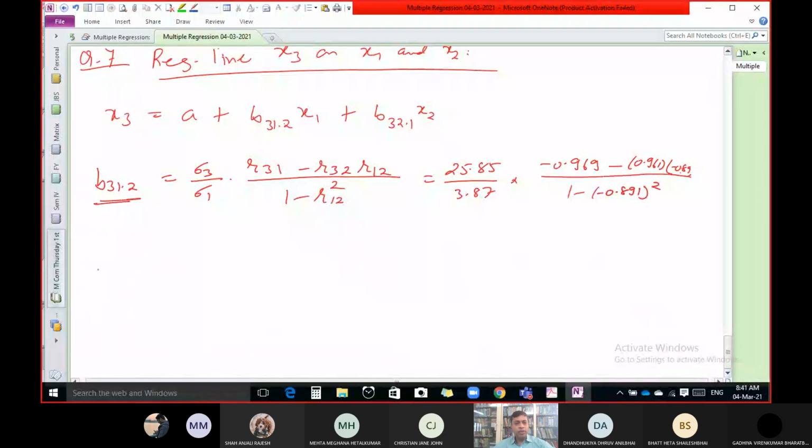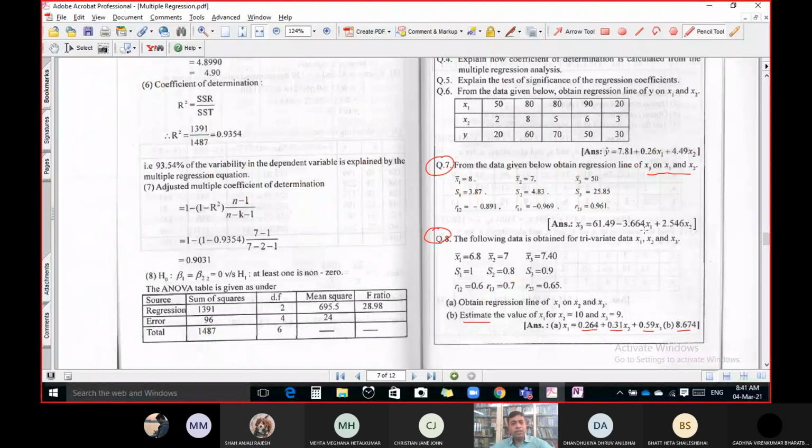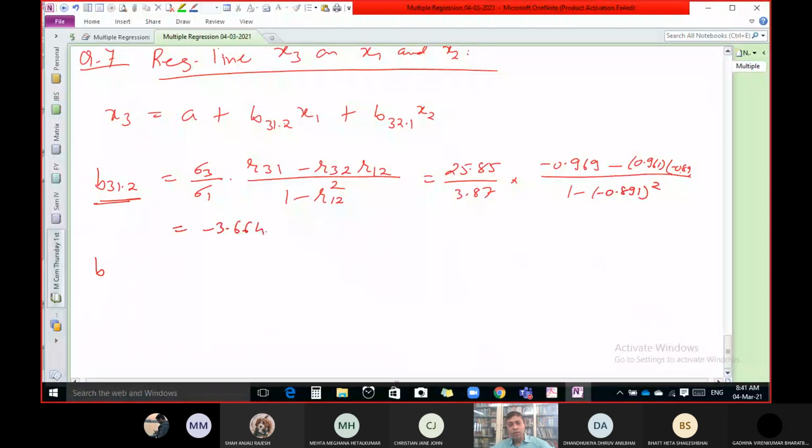Okay, if you calculate, you will get this answer, minus 3.664. We are not wasting our time to calculate this value, but if you calculate, you will get this. Then B32.1.